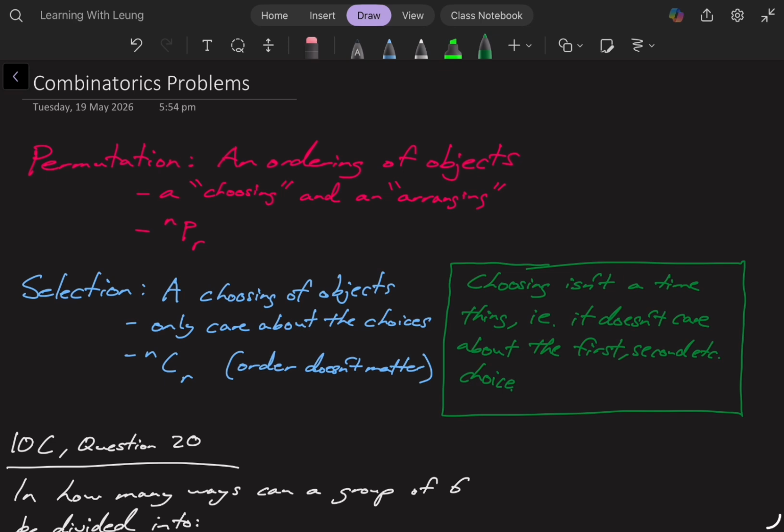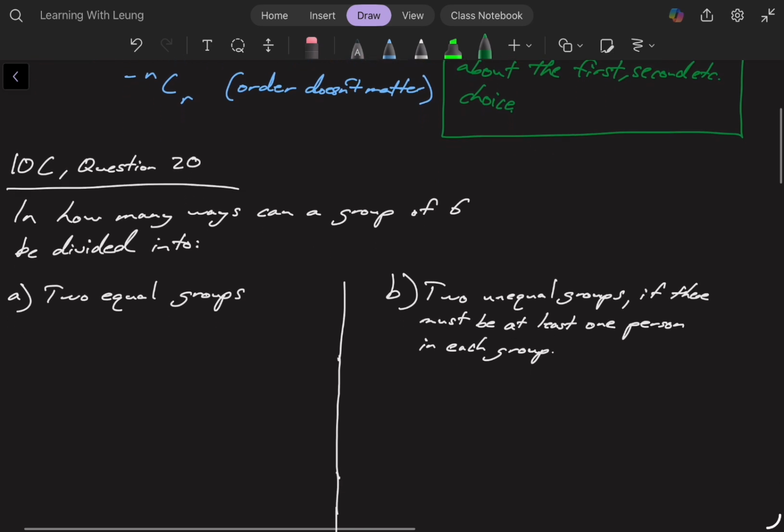But in a selection, we actually don't care about what is picked first. We just care that it's picked at all. Okay? So when you actually care about order, that is when you're going to pick them and then arrange them, that's a permutation. If you care about only what is chosen, it's just a selection, but it's not about when it's chosen. It's just about that it is chosen.